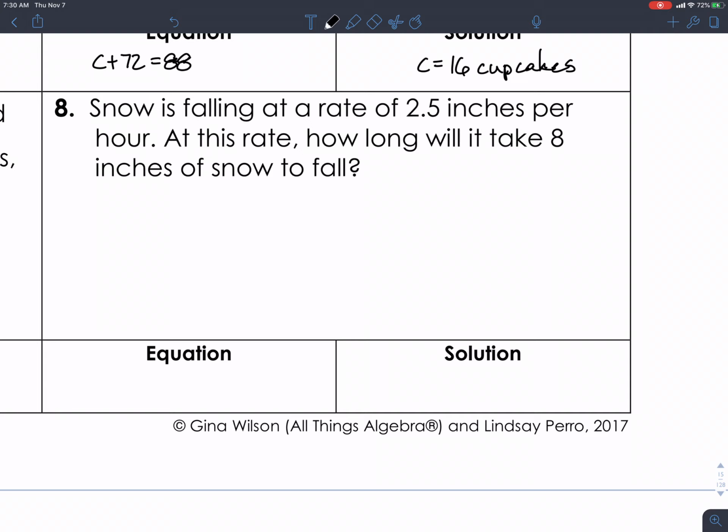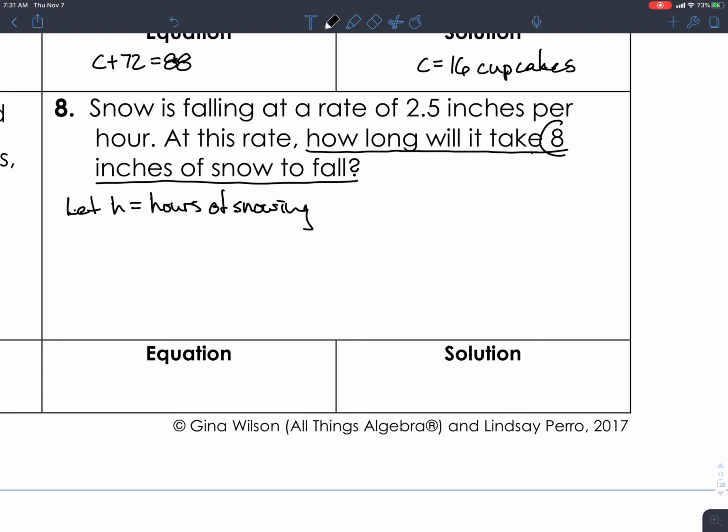So let H equal hours of snowing. That's what we don't know, because they want to know how long it will take for 8 inches of snow to fall.